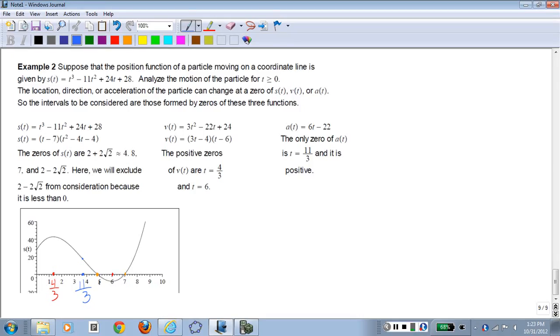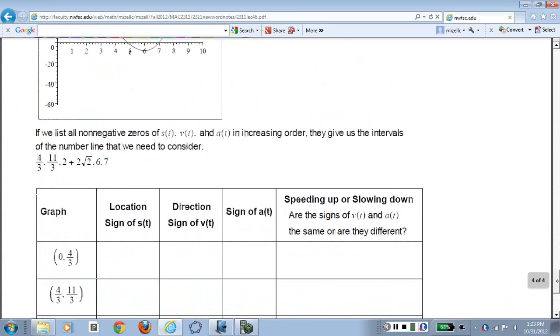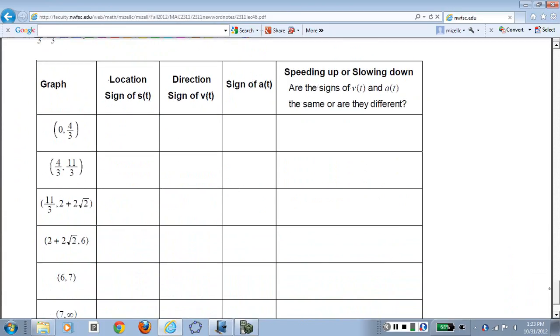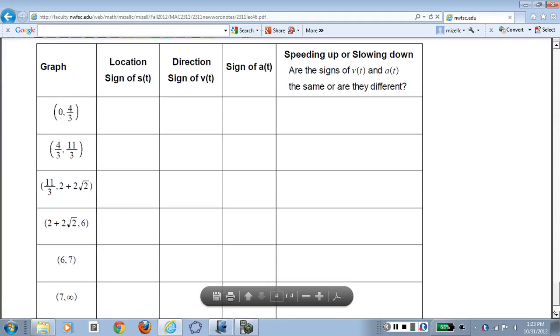Analyze the motion. The location, direction, or acceleration of the particle can change at each of these zeros. So the intervals to be considered are those formed by zeros of these three functions. So we've got, and let's see if I can scroll down a bit. We've got these intervals. I wonder if it might be better to do this.